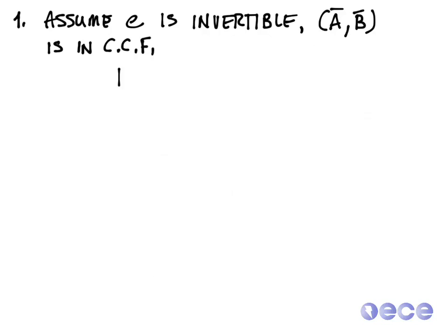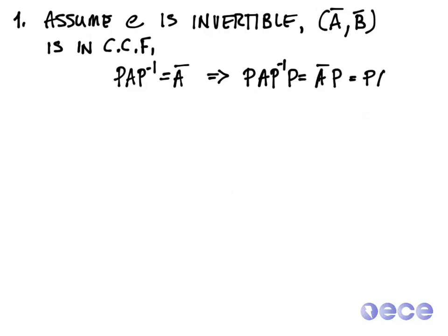Now we're going to take, again, PAP inverse is equal to A bar. This means, if we do a little bit of math on either side, that we can write this as P times A times P inverse times P is equal to A bar times P. And this is actually equal to P times A, because P inverse times P is just the identity matrix.